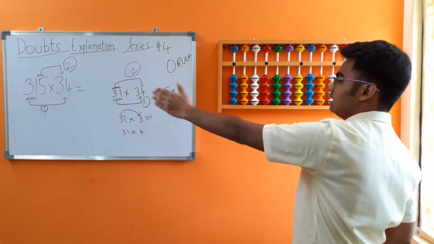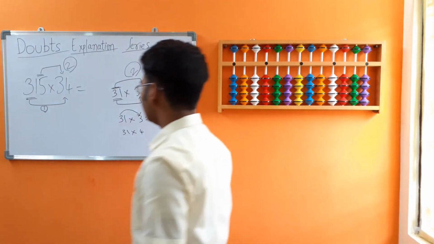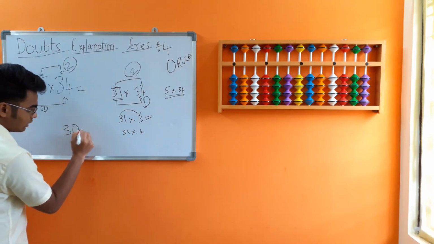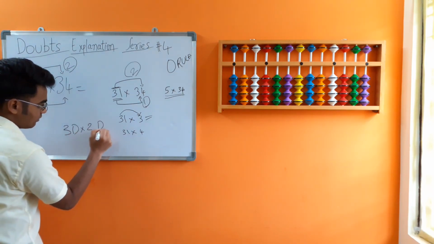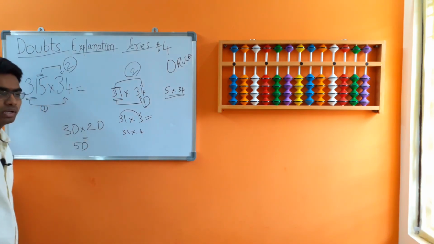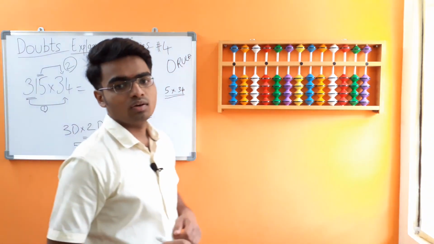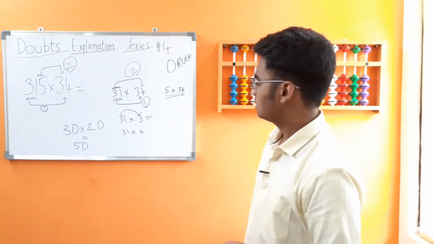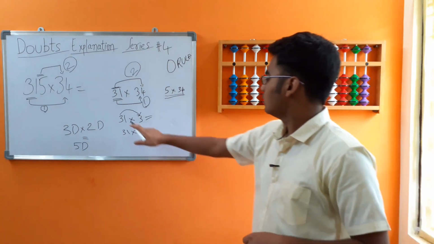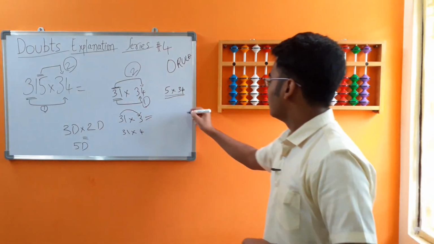Since a 3D multiplied with a 2D gives a 5D, we have to start placing numbers from the fifth rod, that is the 10,000th rod. 3 into 3 is 09.